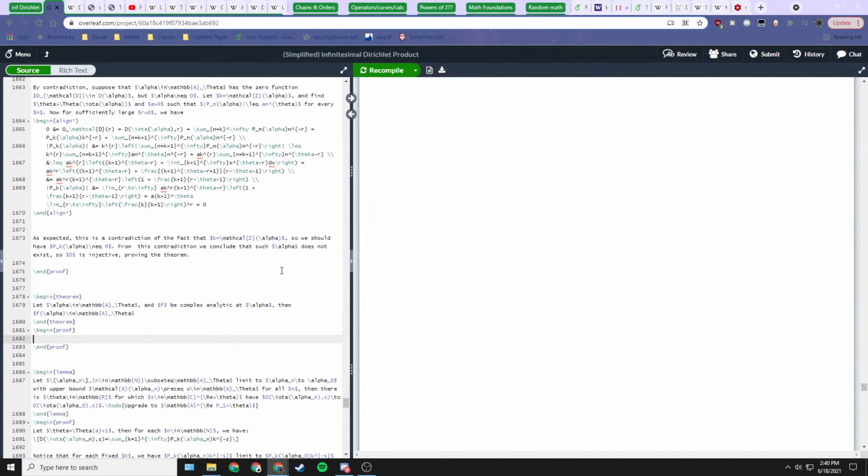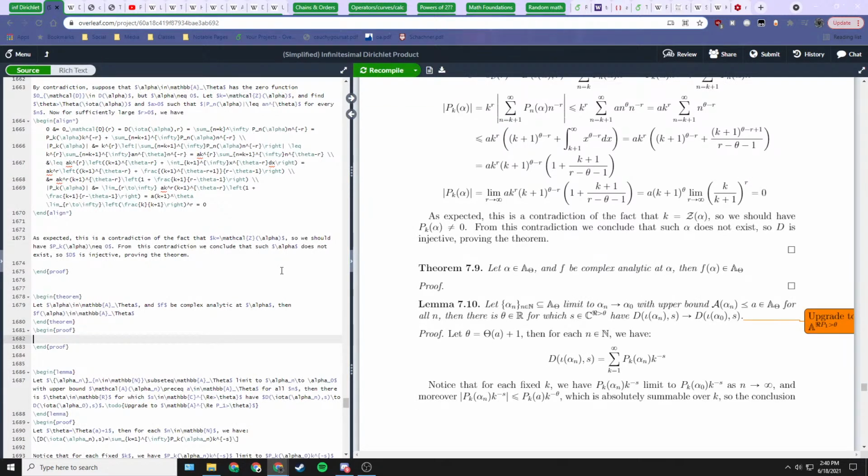So this is actually what we're going to prove first. Essentially what we're saying is that A theta is closed under application by complex analytic functions, which is very interesting, I think. So the way that this works is we're going to use the theorem that we just proved. We're going to prove that our thing is bounded.